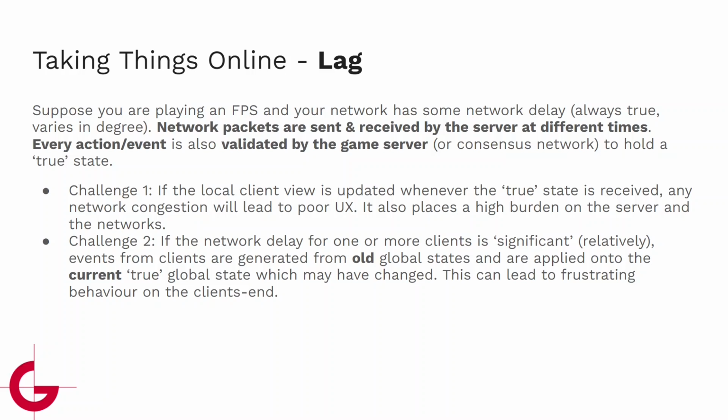Events from clients that are generated from old global states are applied onto the current true global state. This can lead to a frustrating behavior on the client's end. So this may sound very wordy and technical, but we're going to break it down and see how it works.